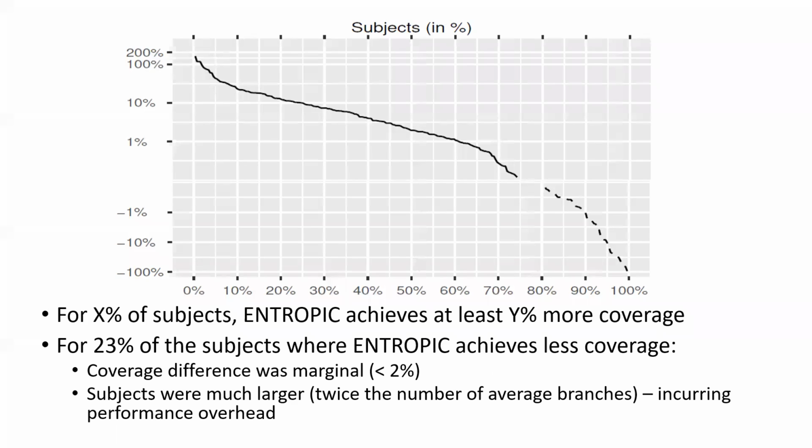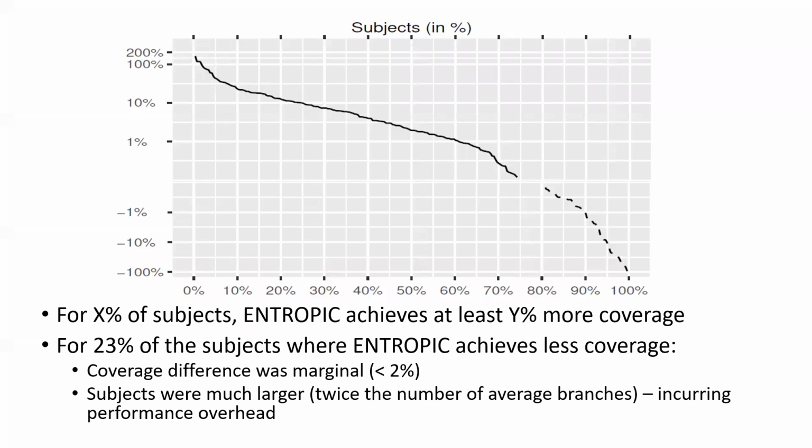So the subject means a program. In different programs there will be different performance. In this diagram, it means that for 23% of programs, Entropic actually performs worse, and the coverage difference was marginal.